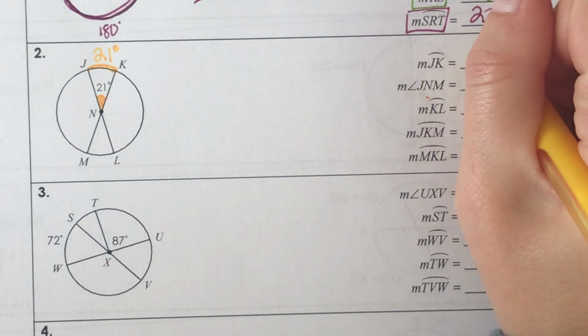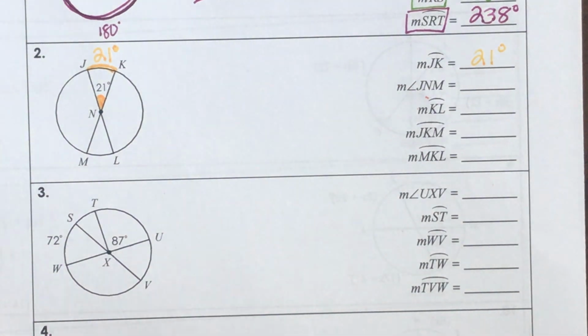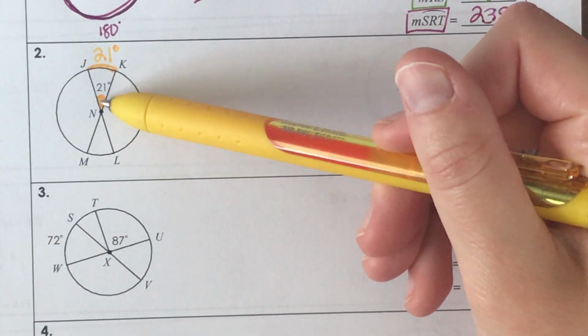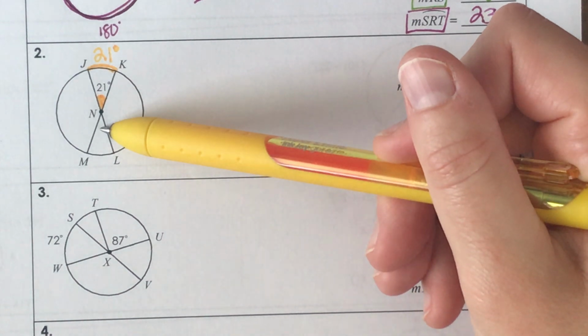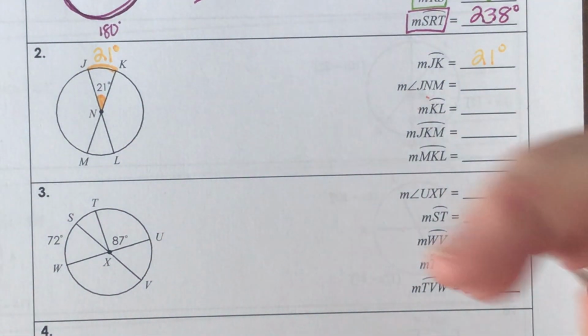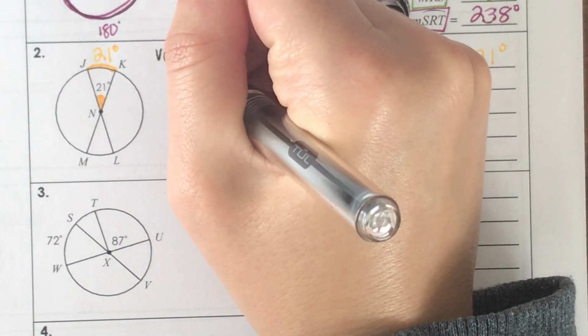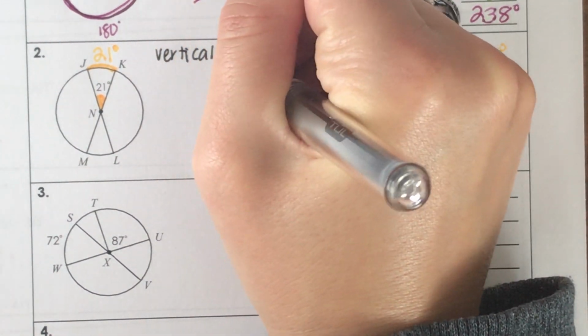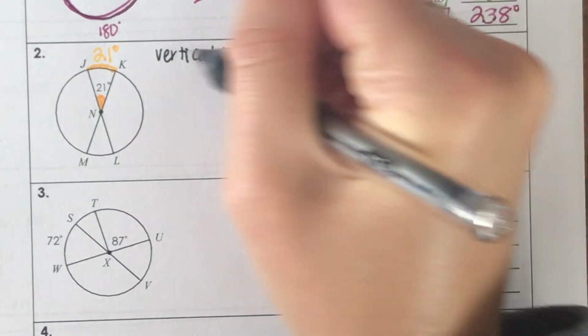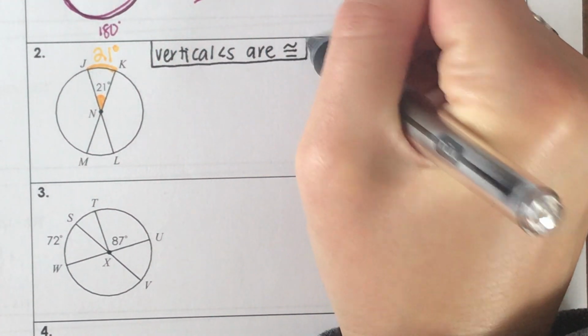It's 21 degrees. Okay, now, I know these two angles right here are directly across from each other. These are called vertical angles. What do we know about vertical angles? We know that vertical angles are congruent.